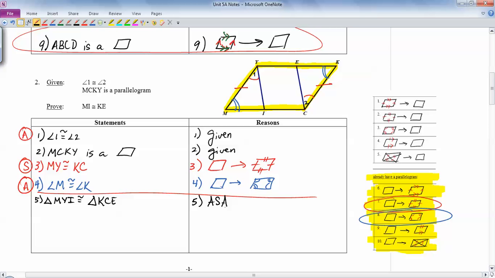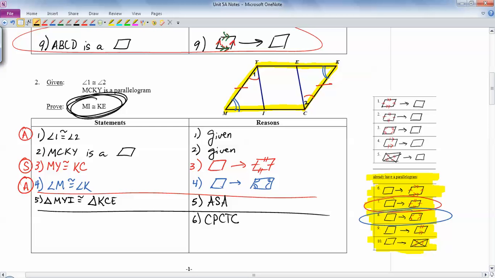And then we know that anytime you have congruent triangles, you're pretty much going to follow it up with CPCTC to match up other parts of the triangles. Well, if you look at this, MI is part of the first triangle, and KE is its matching part in the second triangle. So that's actually our step right here. MI is congruent to KE. And then that's it. There we go.